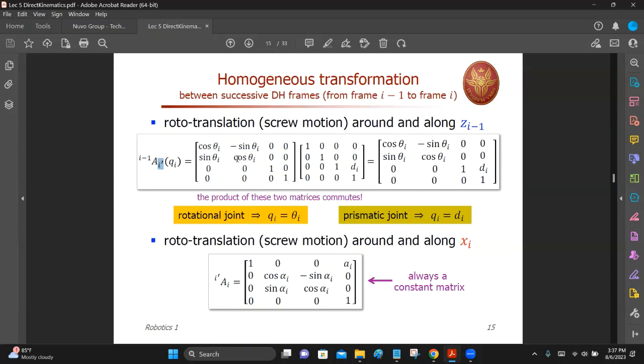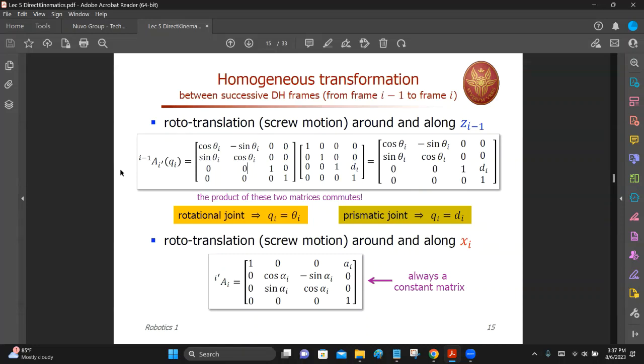Now on the right hand side, you can see these two matrices. Can somebody guess what these two matrices are? What is the first 4 by 4 matrix? No idea?